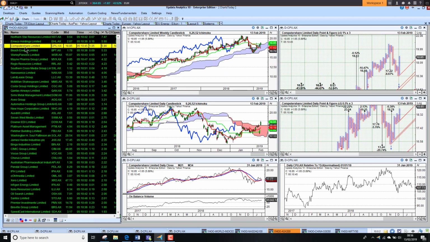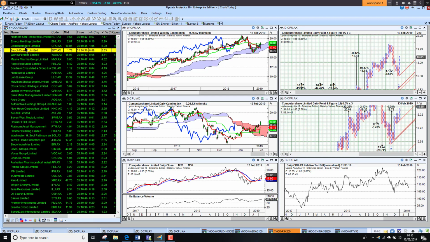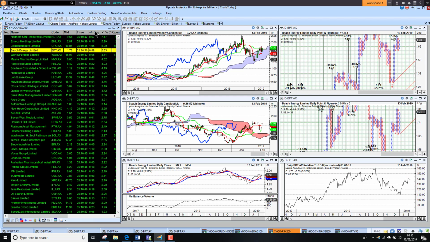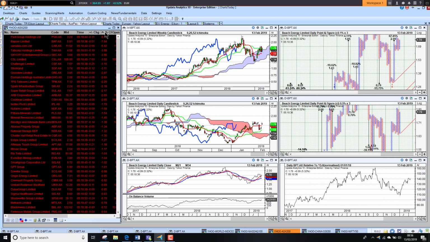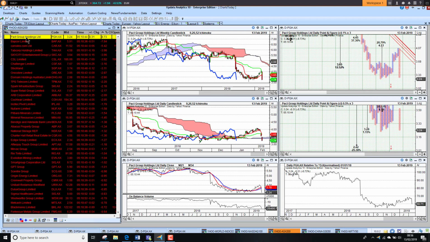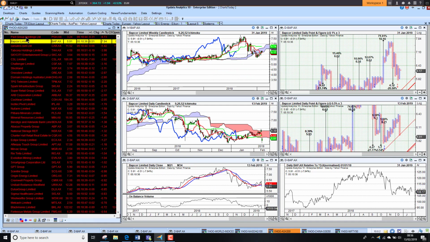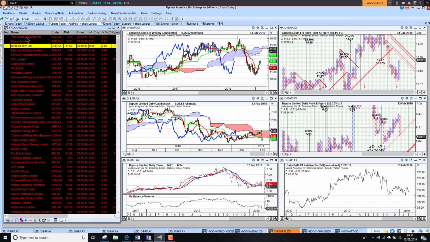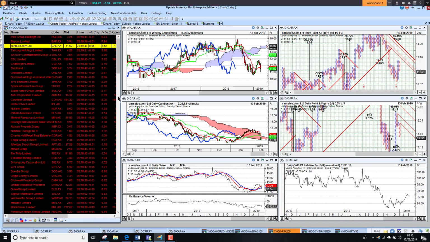Computershare up 6%, and Beach Energy up 5%. So we are seeing transitions and a lot of stocks back into medium term territory, but not everything is going up, of course. We've got Pact Group down 8%, Bapcor down nearly 8%, and carsales.com down 5.4%. So we are still seeing some big fallers in the market.